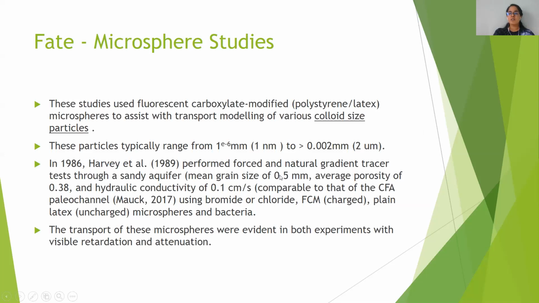And they found that the microspheres were moving in the aquifer, and there was visible retardation and attenuation as well. And the other tracers, the bromide and chloride, the peaks came through faster, like several 8 to 9 days faster than the microspheres. The bacteria also came through faster than the microspheres.